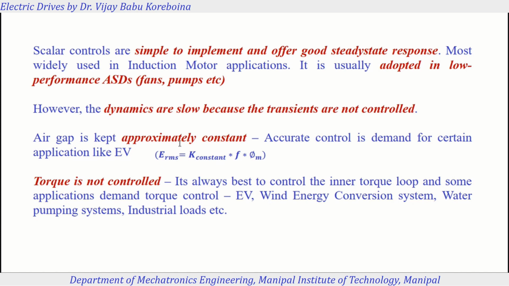It would cause vibrations, and those vibrations are not acceptable for an EV application. So keep that in mind. Now, scalar control does not provide accurate control of the flux and does not provide direct control of torque either. We have not seen till now how the torque is controlled in scalar control. So I hope this is all understood, what is meant by scalar control.